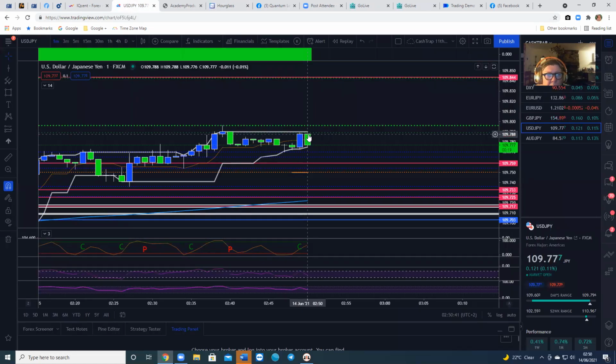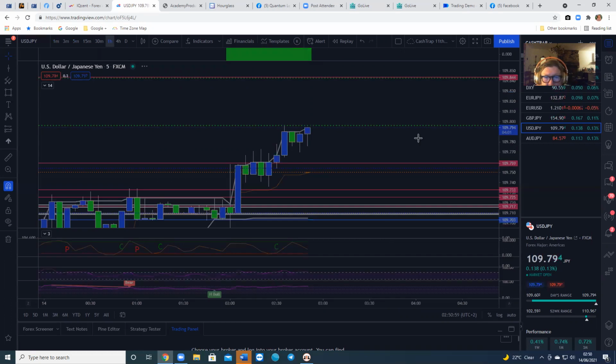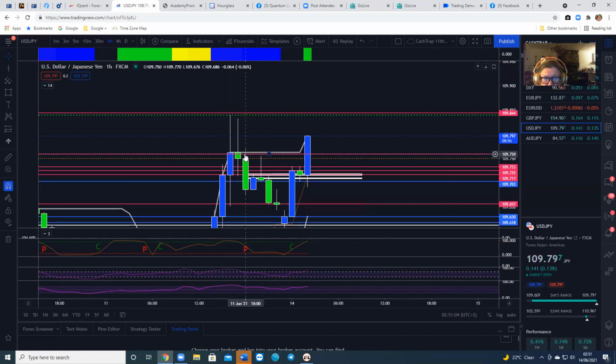That open on the 1 minute. Come back to the 5 minute. So it's pushed up. This is our daily. It's pushed up outside all our markups now. Let's go to the hourly. That's the previous ceiling, so it's broken that structure and it's carrying on up.